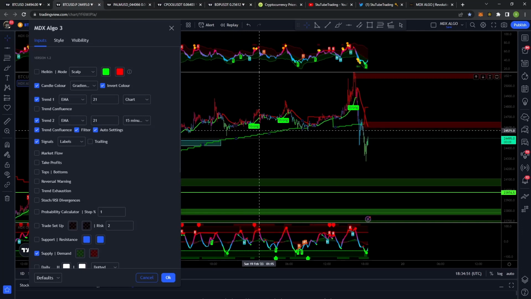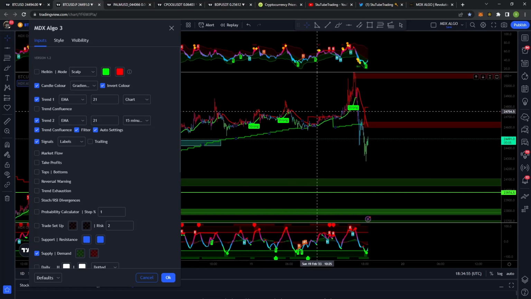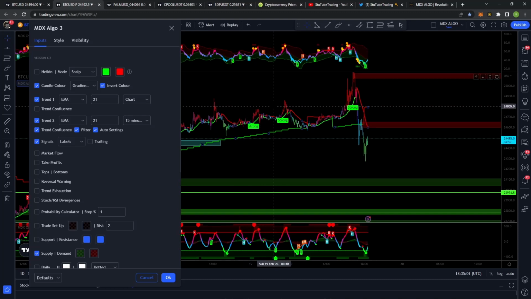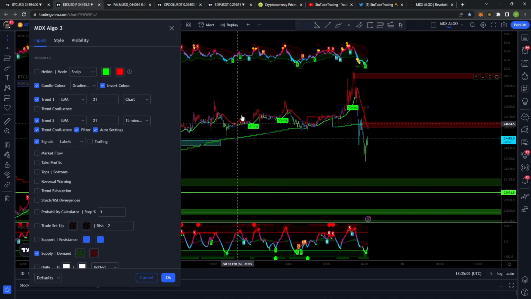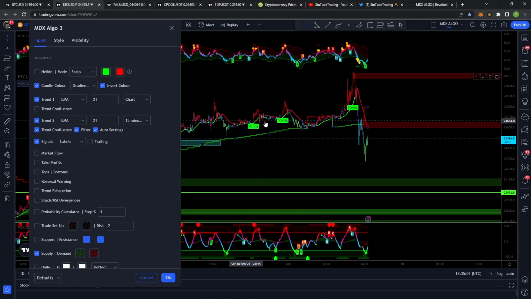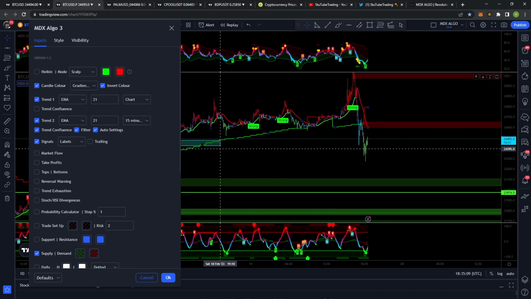It's only going to give you the long and short signals when the trend confluence agrees with the current chart's EMA. So you're not going to be getting all those random scalp shorts in here, which, depending on your trading style, maybe you don't prefer, but I like to clean up some of the chop. So that's why I like to have filter checked.